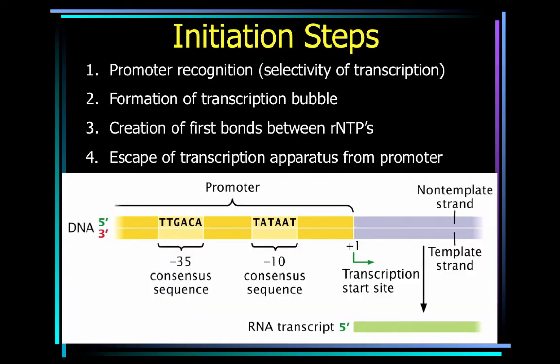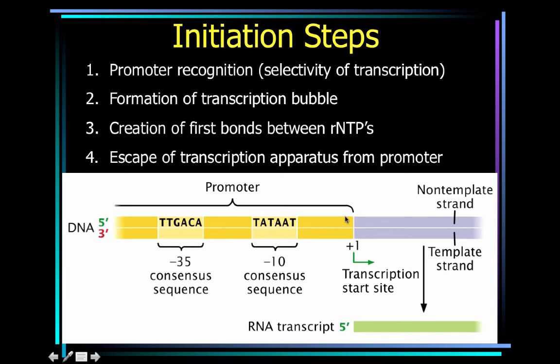So in initiation, there's a variety of steps that have to take place. This slide just shows four of them. First of all, the promoter has to be recognized. So just to orient you to this figure, we've got our double-stranded DNA. Our non-template strand is oriented 5' to 3'. Our template strand is oriented 3' to 5'.